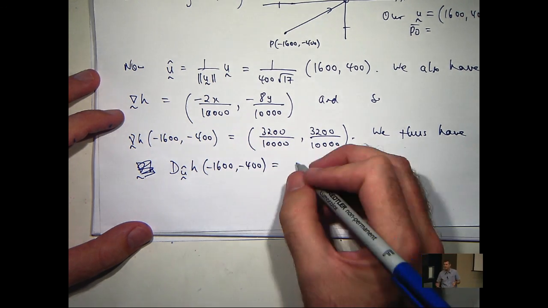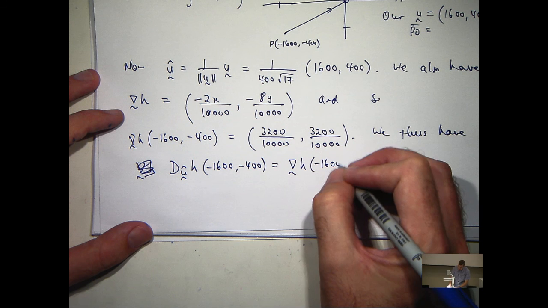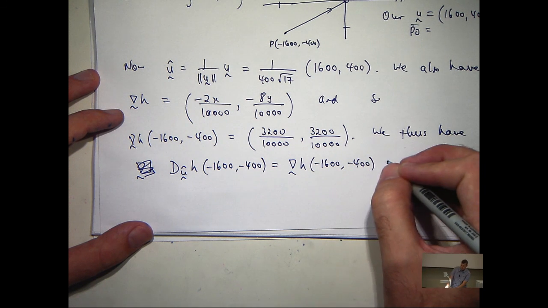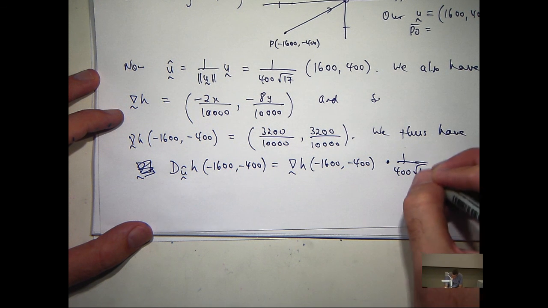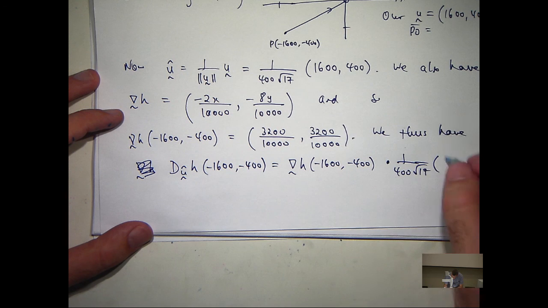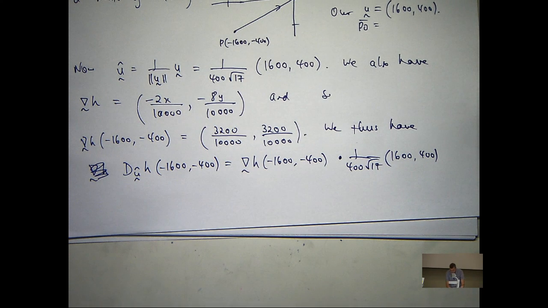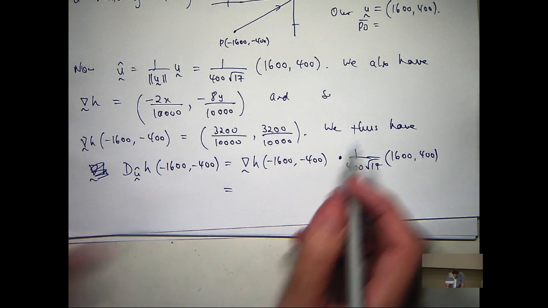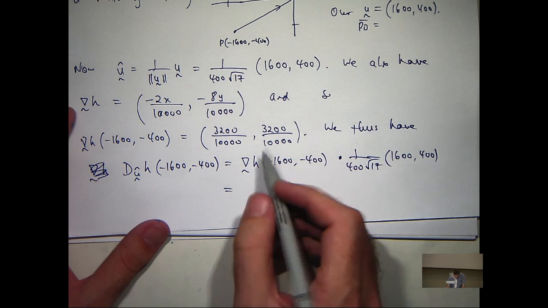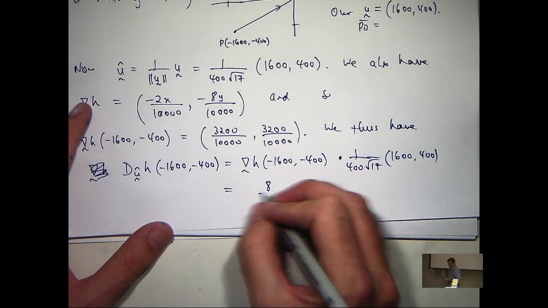So it is the following dot product dotted with our unit vector. Okay, so if we work this all out, just basically replacing this with this and simplifying, that root 17 is going to stay there, but you should get the following.